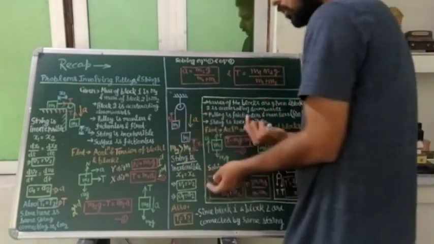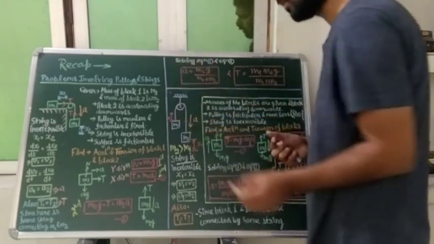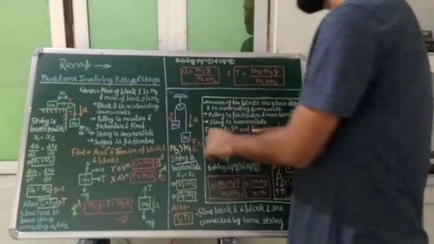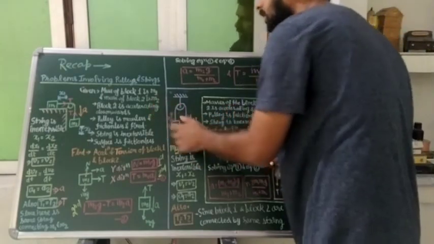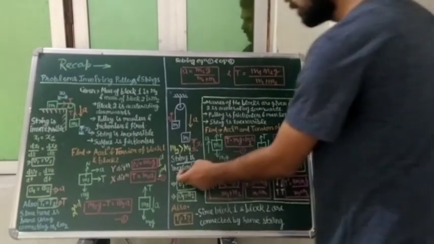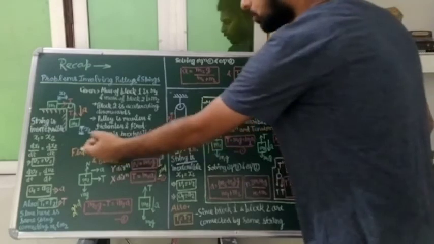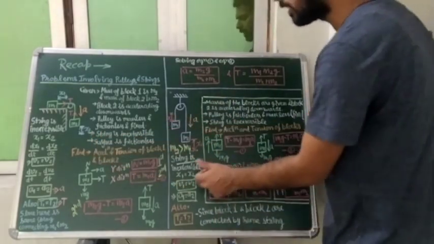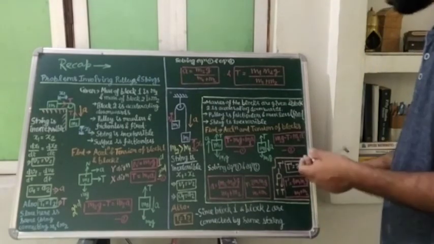Because we are talking about an inextensible string, and it is the same string, so the length will be the same, so whatever distance block m2 travels, the same distance m1 will travel. So x1 will become equal to x2. When we differentiate x1 and x2, of course the speed will become the same, and when we differentiate speeds, the acceleration will become the same. Getting? Okay.